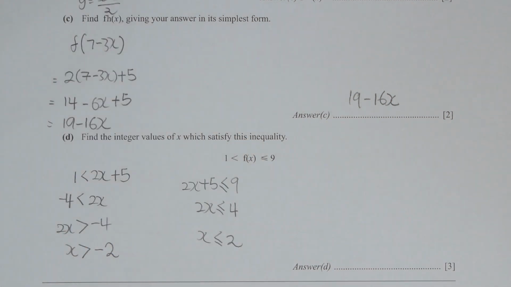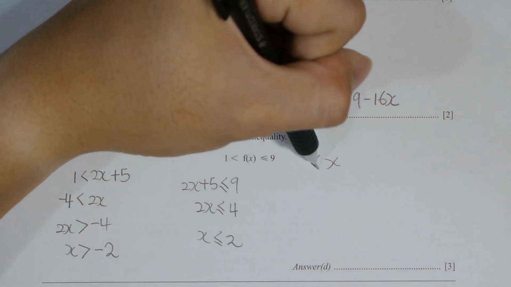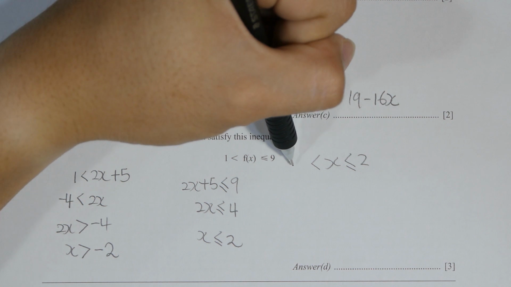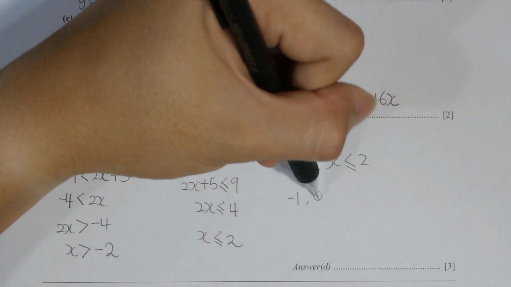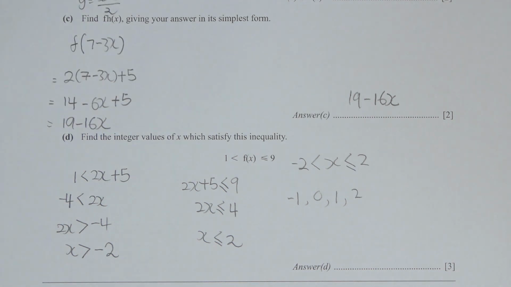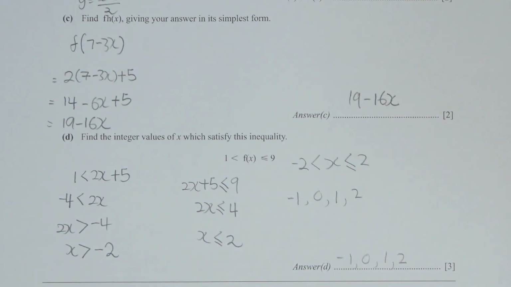After you run the calculation, x will be less than or equal to 2. So the final inequality will be negative 2 less than x less than or equal to 2. So the integer values that fulfill this inequality will be negative 1, 0, 1, and 2.